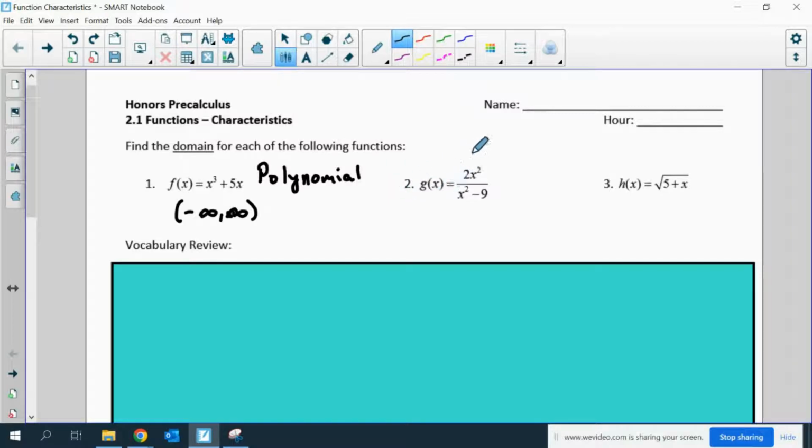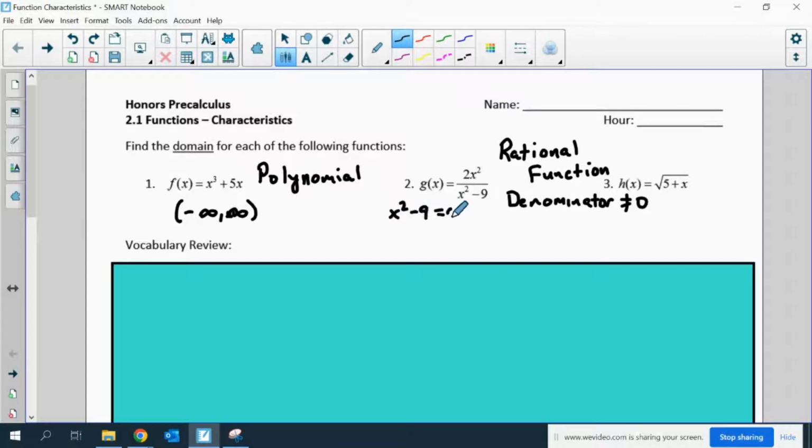Number 2, g of x is a rational function, and rational functions have the property where the denominator must not equal 0. If the denominator equals 0, then you have an undefined function which does not have an output. So if we set the denominator equal to 0, we would get x squared equals 9.